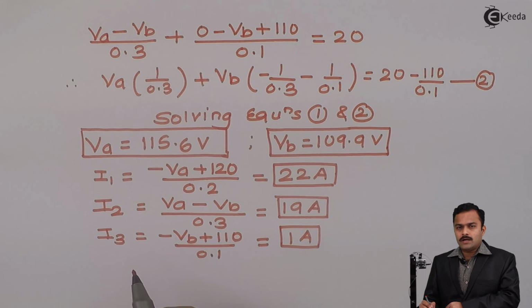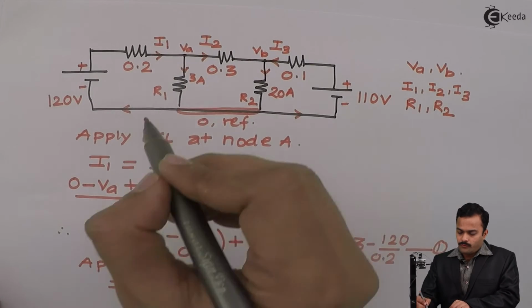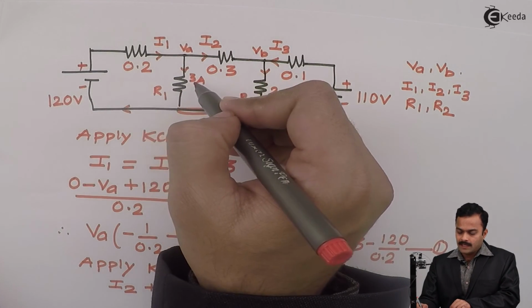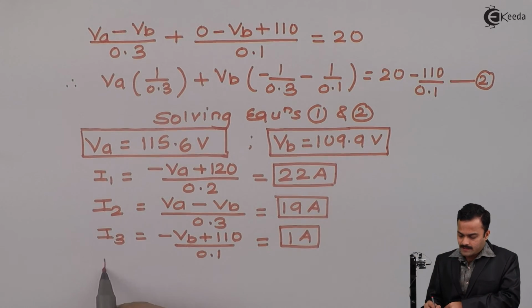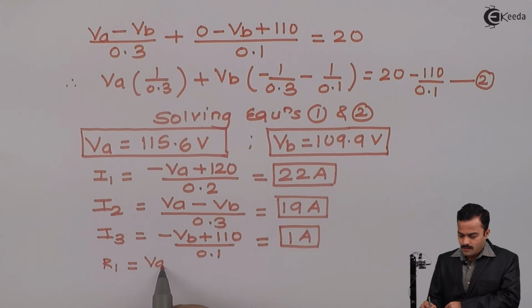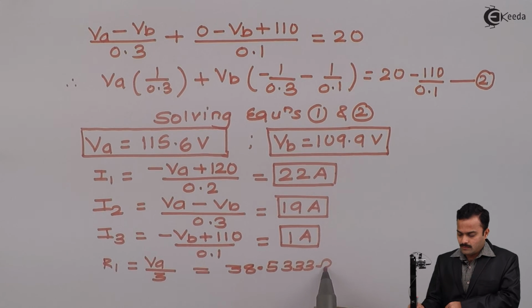Now we have to find out R1 and R2. It's very simple, because VA is the voltage across this R1 and the current given is 3 ampere. So simply by Ohm's law I can say R1 equals VA divided by 3, which is equal to 38.5333 ohm.